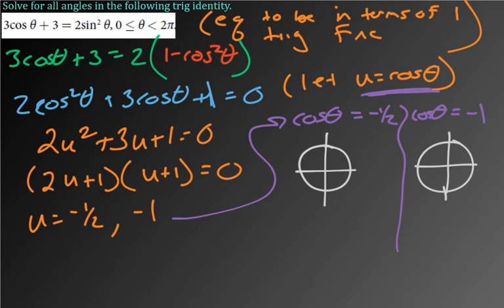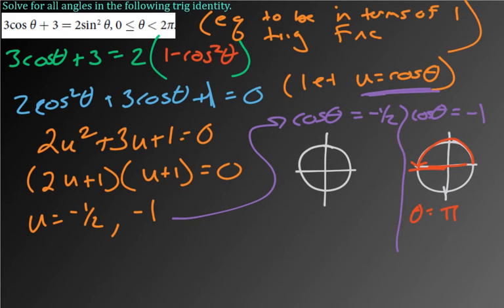We're curious about when do we get negative a half and when do we get negative 1. The negative 1 case is pretty nice because negative 1 is right over here, in the x, and cosine is the x value in the unit circle, right? And so that angle is 180 degrees or pi radians. So we can just say theta equals pi is going to be a solution to this thing.